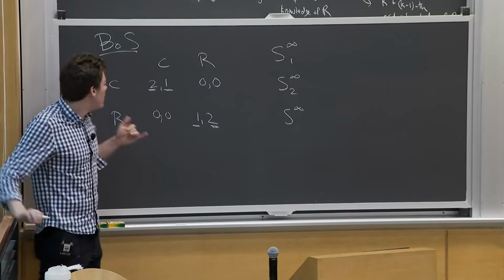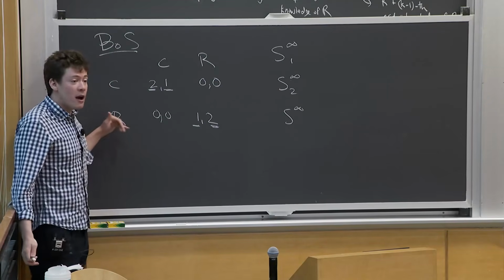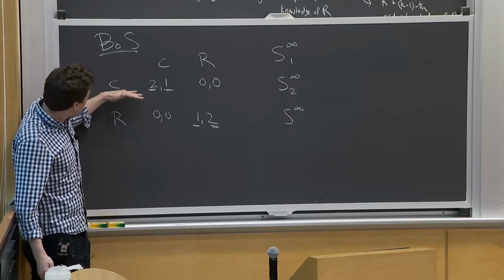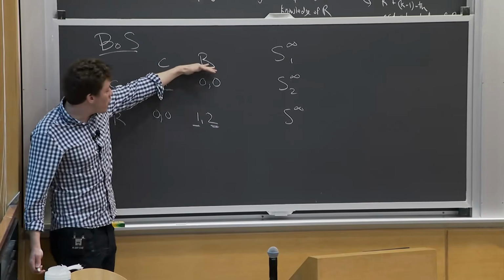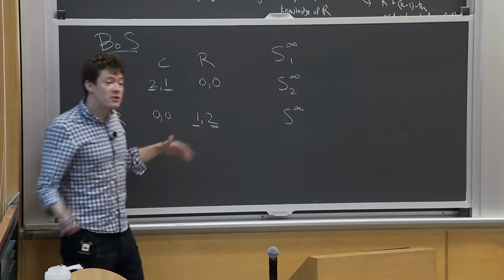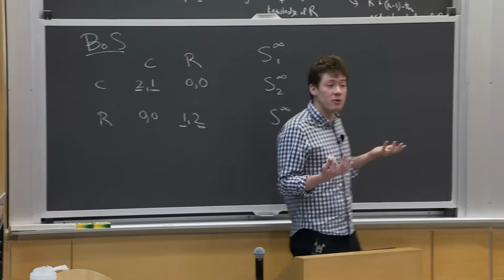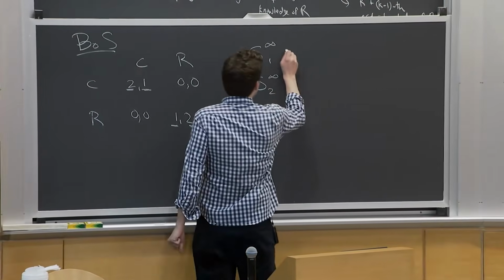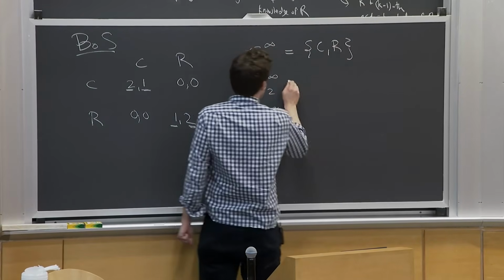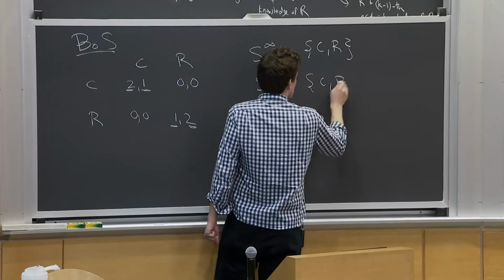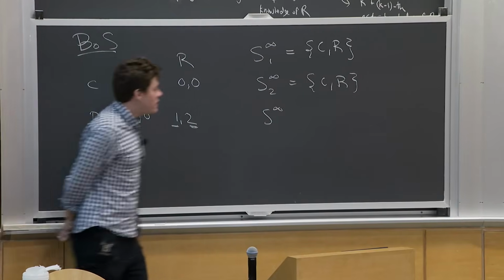Well, here it's going to be just C and R, right? Because if my opponent plays C, I want to play C. If my opponent plays R, I want to play R. So it turns out everything is going to be rationalizable in this game. So if we go through the procedure, we get C, R for player 1, and we also get C, R for player 2.